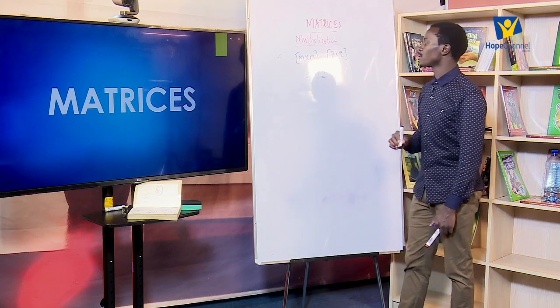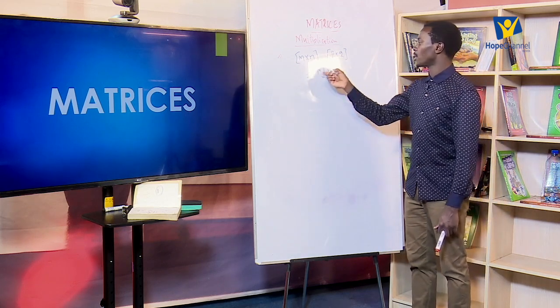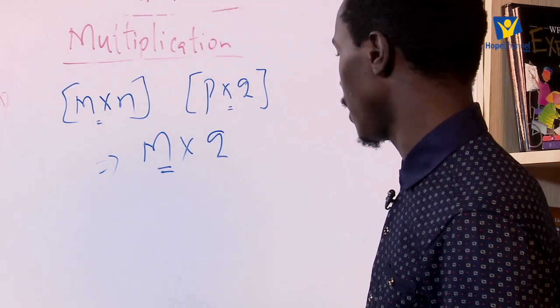It will have this number of rows and the number of columns. Remember, this is the order of the first matrix and the order of the second matrix. However, it is not in every case.